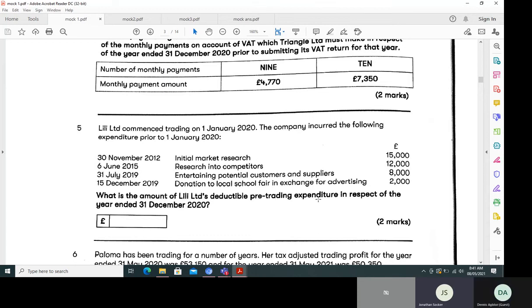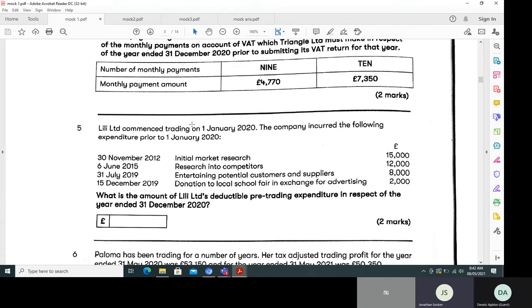They mentioned the word pre-trading. Pre-trading means that the expenditure was incurred before trading. These are expenditures incurred before we started trading.